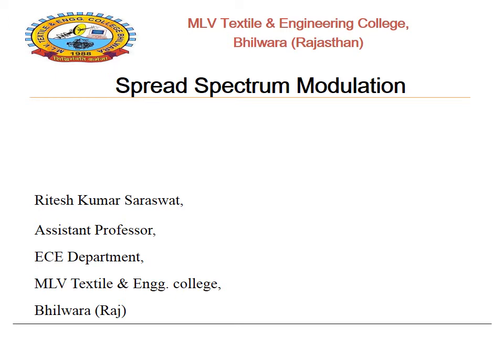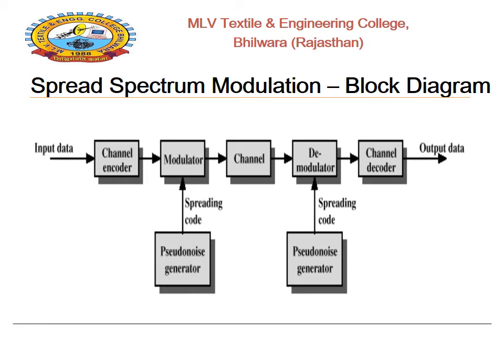As per the definition, spread spectrum is a modulation technique in which the transmitted bandwidth is larger than the information signal bandwidth. This is the basic block diagram of spread spectrum modulation, where the input section has the input data and the output section has the output data.